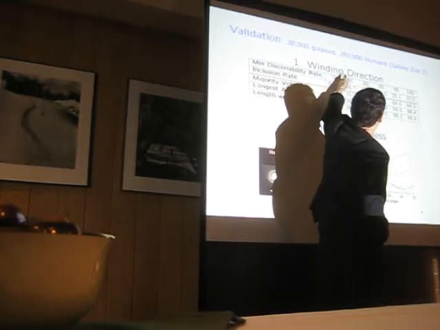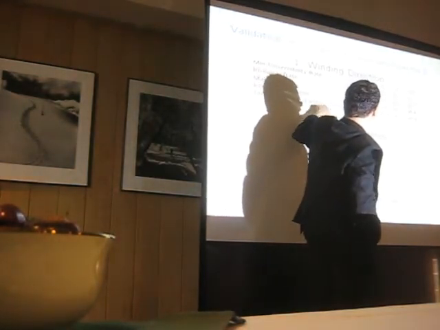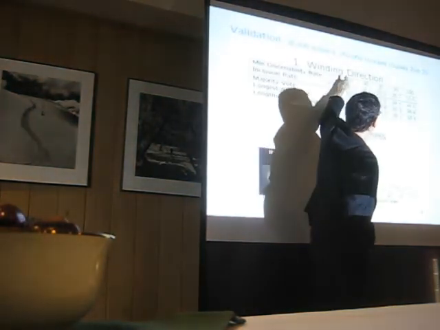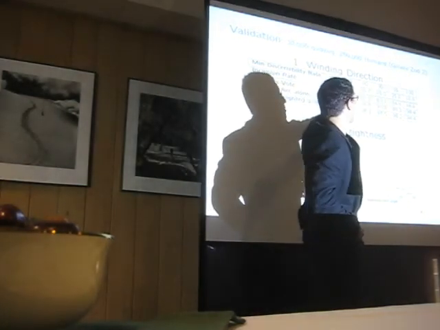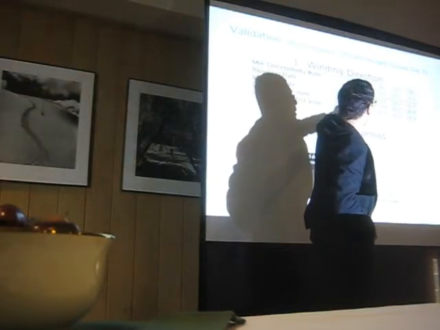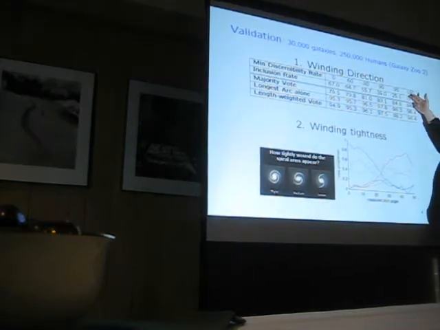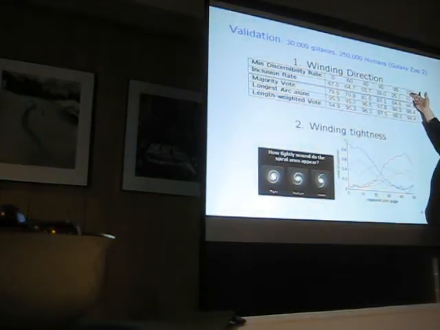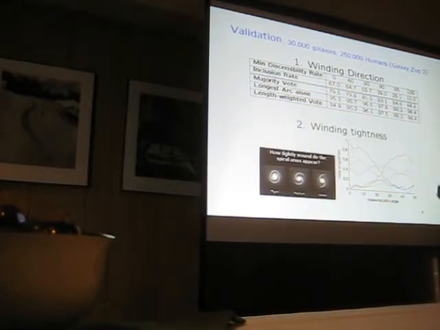In that case, our best algorithm, which is the lowest row here, agrees with the majority vote 95% of the time. So in some sense, we can actually do better than the humans in deciding what the winding direction is. As we move to the right, when we get to the point where it's really obvious and 100% of the humans agree with each other, then we agree with the humans 98.4% of the time. So I think that's fairly good.